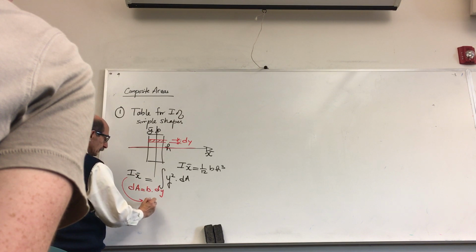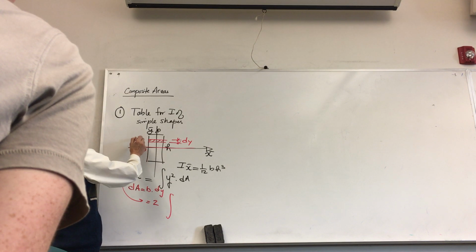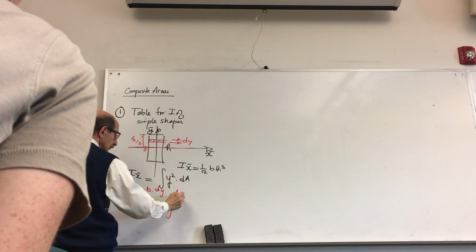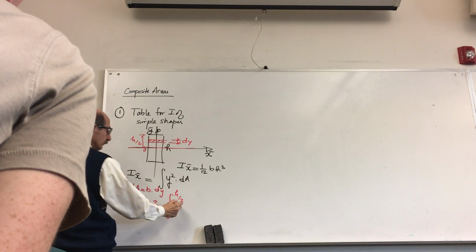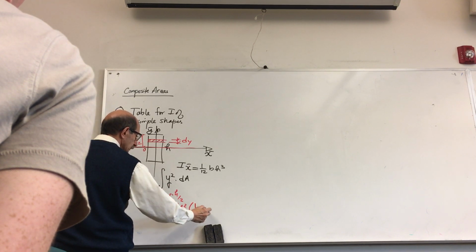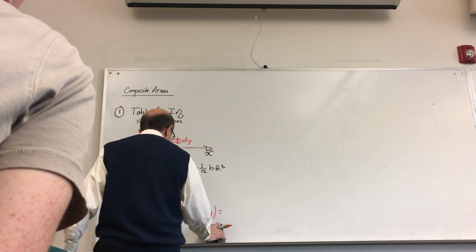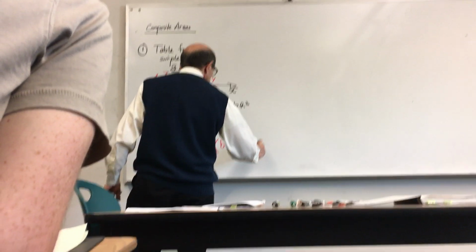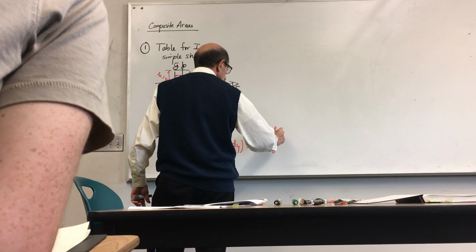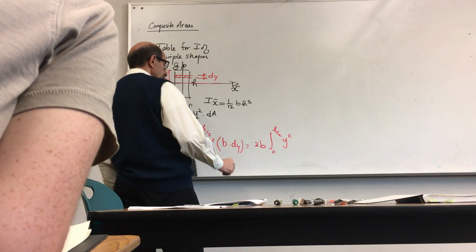So this would be simply 2 times the integral going from 0 to h over 2 of y squared times dA, which is b times dy. It comes out to be 2b, b comes out, integral from 0 to h over 2 of y squared.